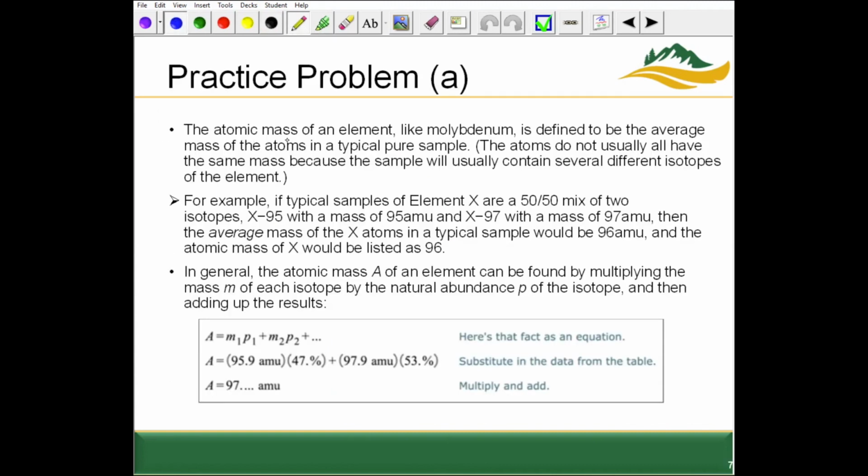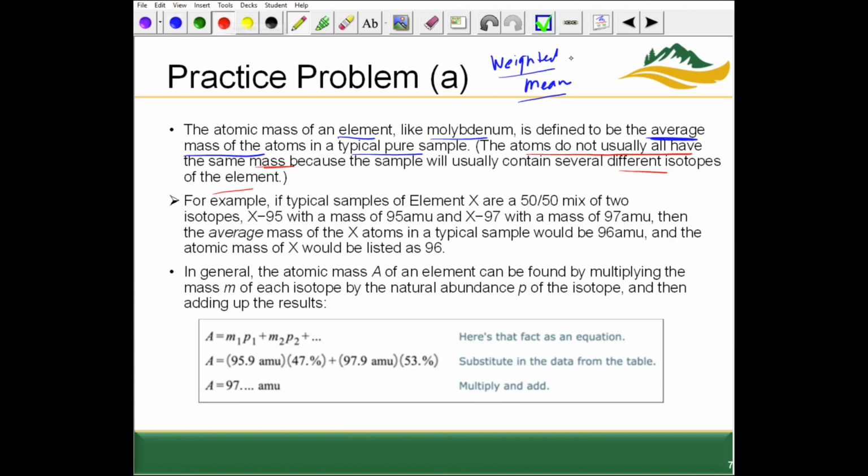So the atomic mass of an element, like the one in our practice problem, is defined to be the average mass of the atoms in a typical pure sample of that element. Importantly, the atoms do not usually all have the same mass, because usually a sample will contain several different isotopes of that element. So really what these practice problems get at, and this idea of the average atomic mass, is being able to use the formula for a weighted mean or a weighted average.